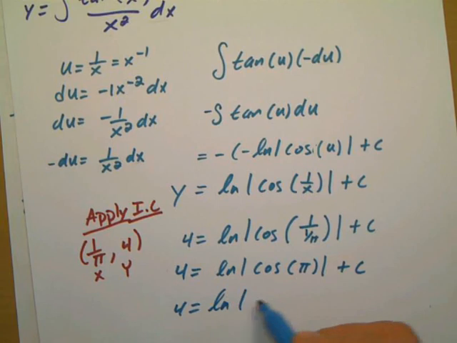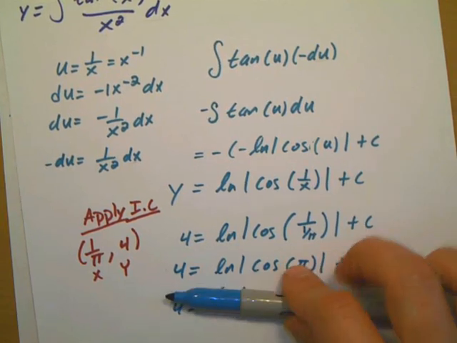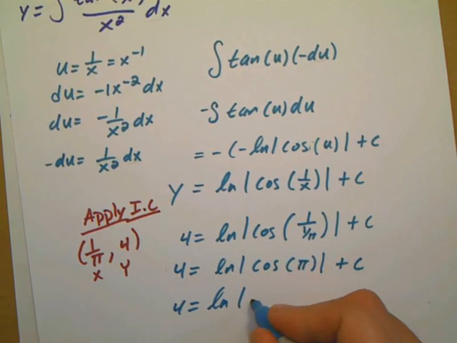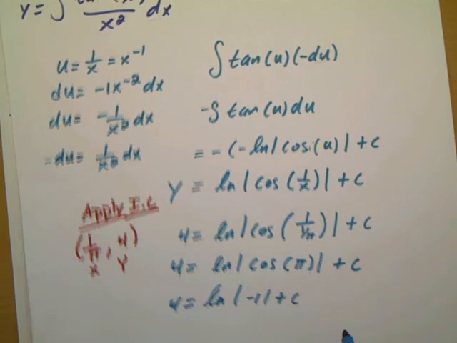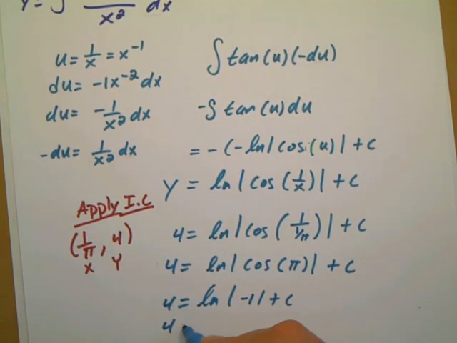So simplifying this more, I have 4 equals ln. Cosine of pi is going to be at the very far left of the unit circle, so it's going to be negative 1, plus c. So 4 equals ln of 1 plus c, absolute value of negative 1 is 1.